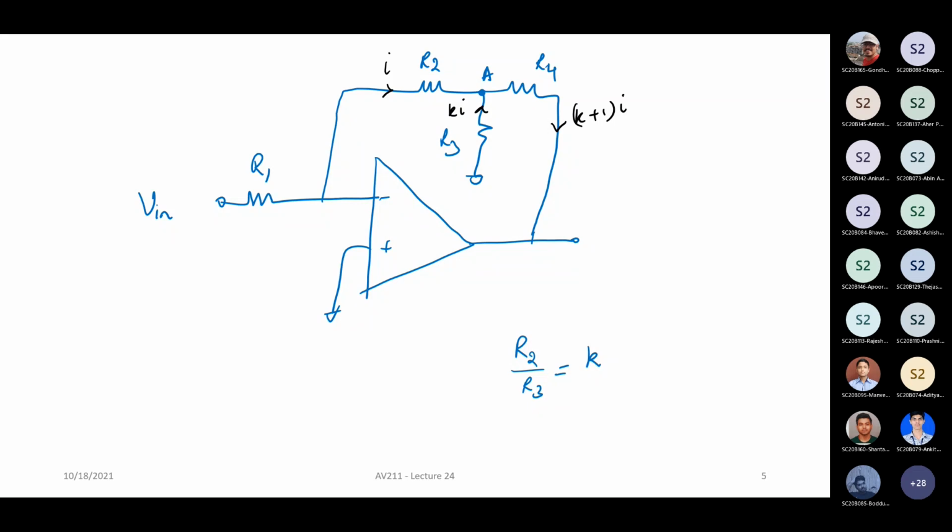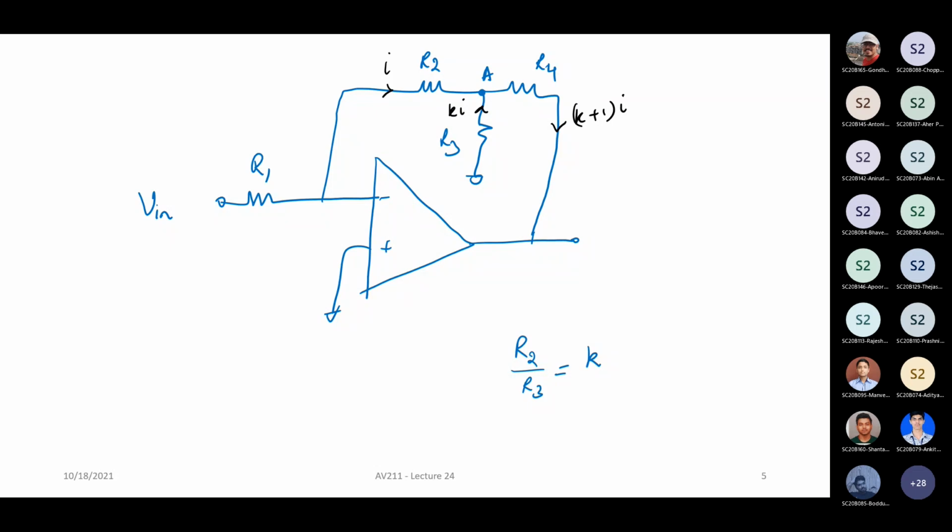Because you're forcing this node potential at A to be a certain value. You're increasing the current in the output resistor, which is R4, and thereby you're generating a larger output voltage. And thereby you're forcing it to have a larger gain. Okay, so this is the intuitive understanding of how the circuit works.